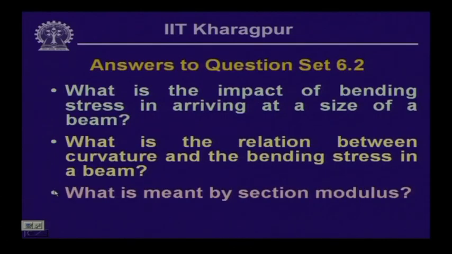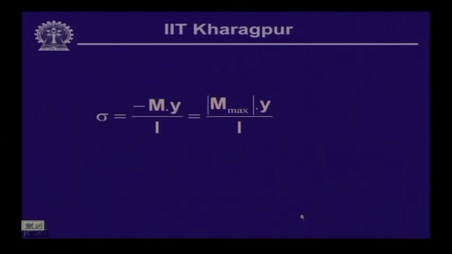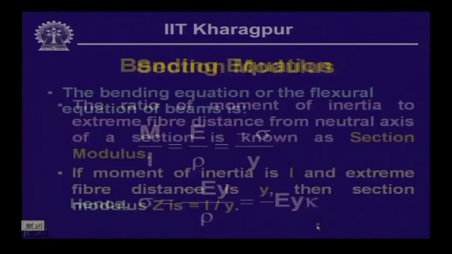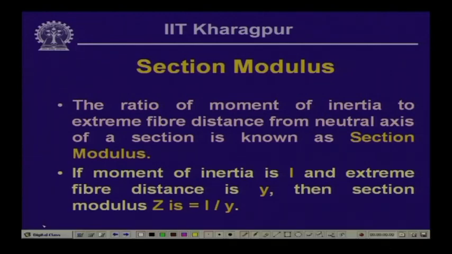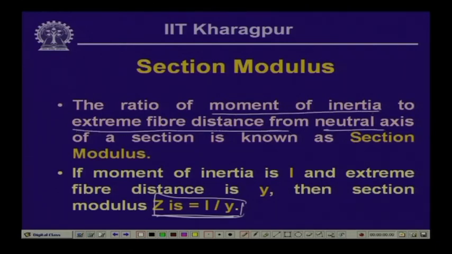Now, the third question was, what is meant by section modulus. In the course of discussion over here, we have defined the term. In fact, we have said that z is a parameter which is I by y. This is what we call the section modulus. The ratio of the moment of inertia of the section to the extreme fiber distance from the neutral axis of the section is known as the section modulus.